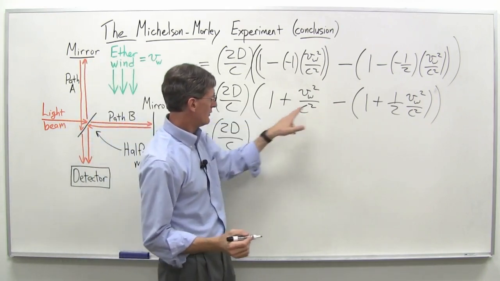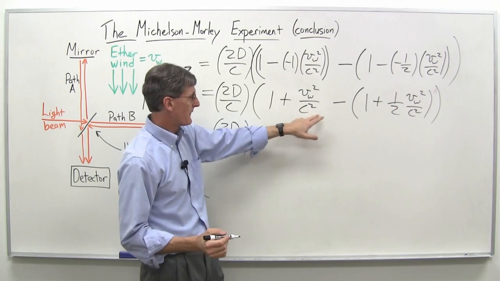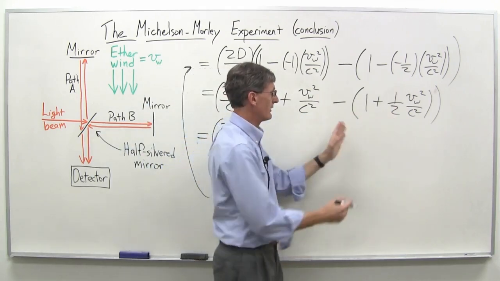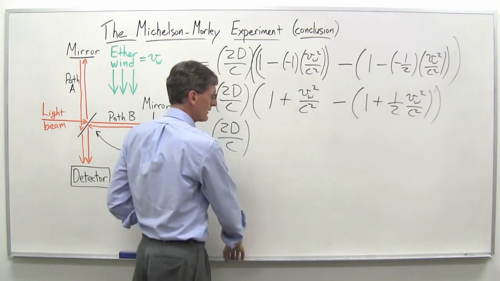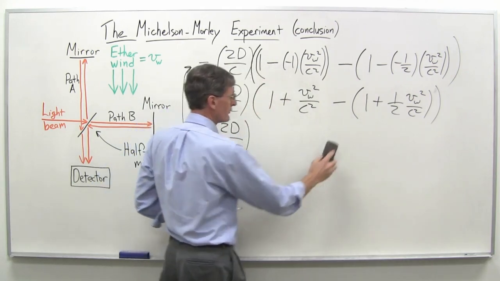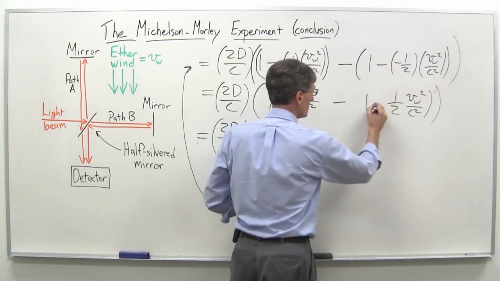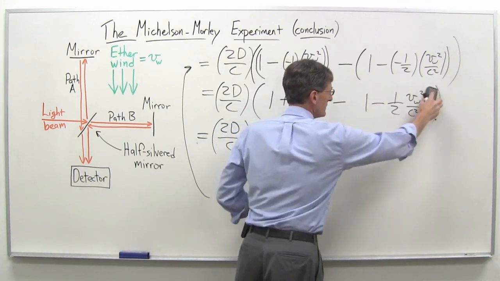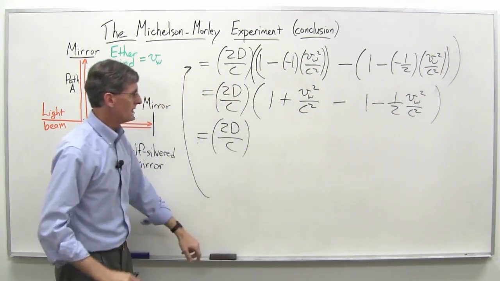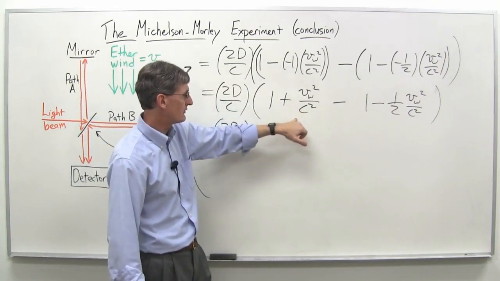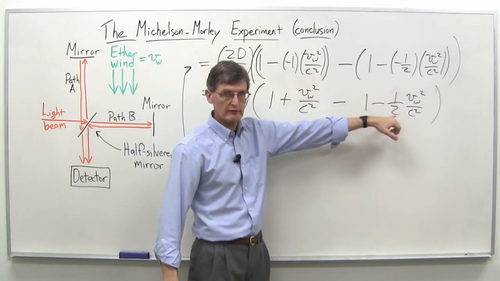I've got 1 plus VW squared over c squared minus 1 minus 1/2 VW squared over c squared, right? If I've got minus something in parentheses, it just becomes minus 1 minus that. And now I've got 1 minus 1, 0, and I've got VW squared over c squared minus 1/2 VW squared over c squared.